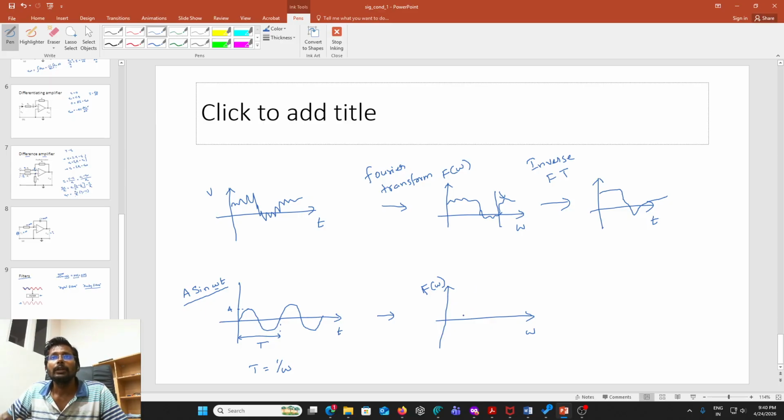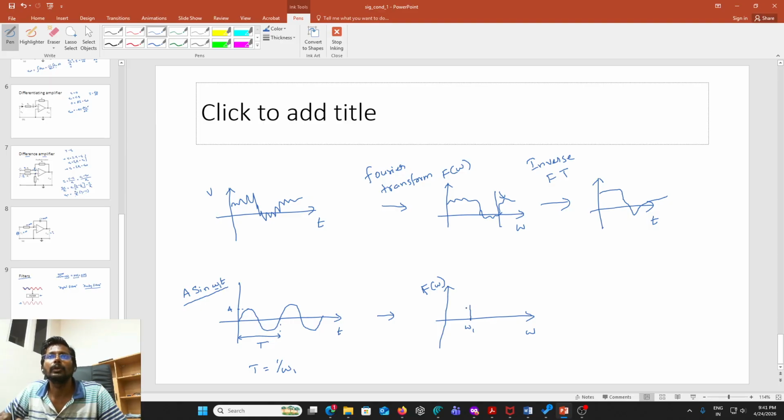Okay, it looks like a, so at omega, which is this omega. Let's say that's this omega. Let me call this omega 1. Okay, this is omega 1. At omega 1, I will just draw a spike.